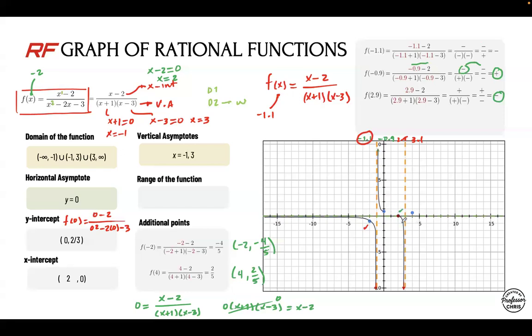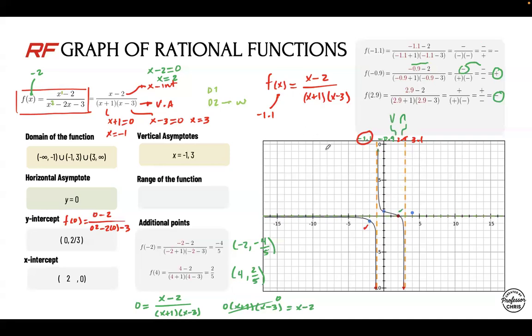Then I just have to connect the two points to get the behavior. So in between asymptotes, you either have a U shape opening upwards or downwards, or you have an S shape, in either of those two behaviors. That's what we want to find.